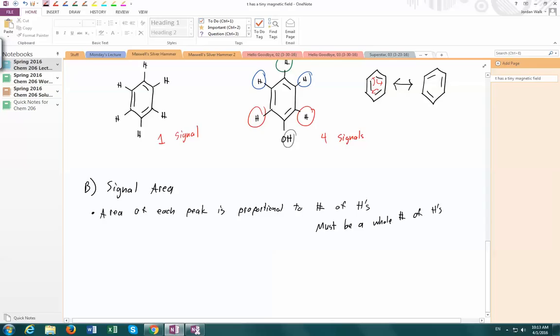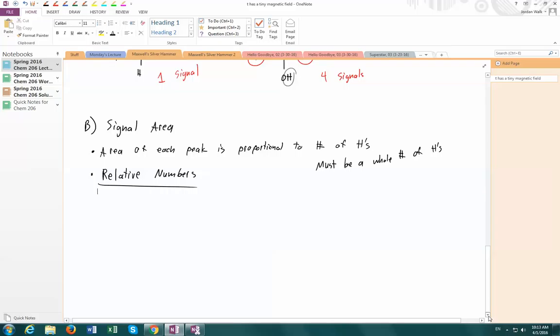A little bit of math is required, but just the tiniest amount. When we see these integrations, we're talking relative numbers. We know the relative numbers between the peaks, but we don't know the specific numbers in question. Sometimes we might have to use the molecular formula to deduce what that is.